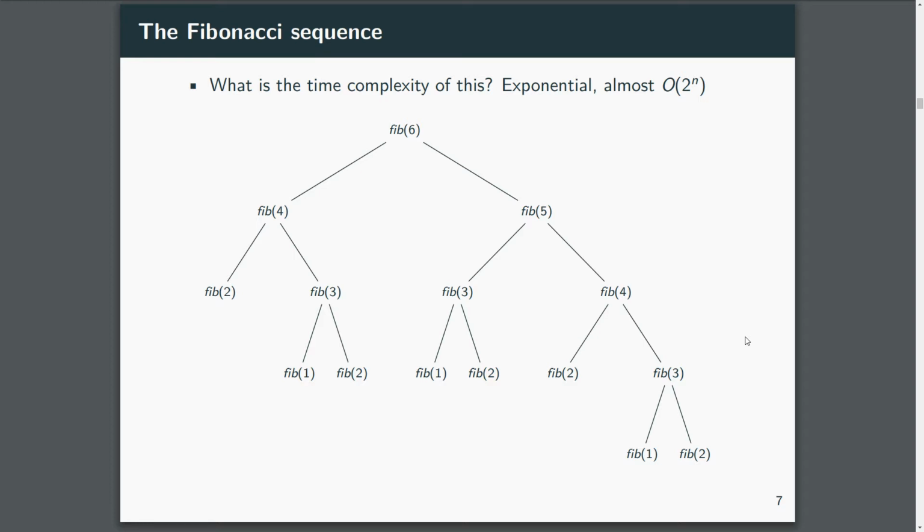But it is in fact the ratio between the nth Fibonacci number and the n minus first Fibonacci number. Once you get high enough, the ratio of adjacent Fibonacci numbers gets closer and closer to the golden ratio. So it converges to that.